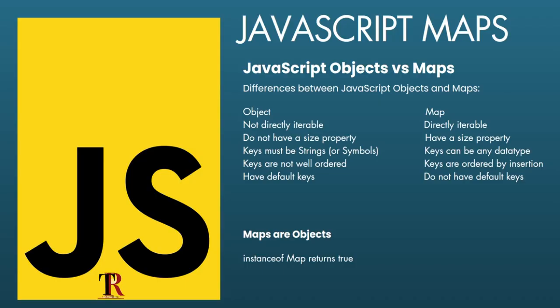Map keys are ordered by insertion, so it remembers the order in which keys were inserted, unlike objects, whose keys are not well ordered. And last but not least, objects in JavaScript have default keys. Maps in JavaScript do not have default keys. So these are the differences between an object and a map in JavaScript.